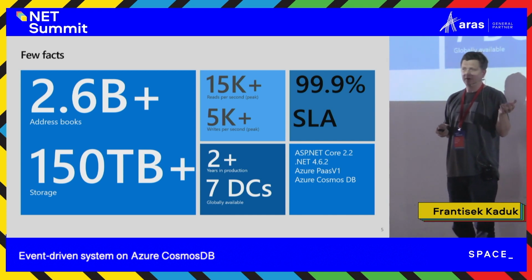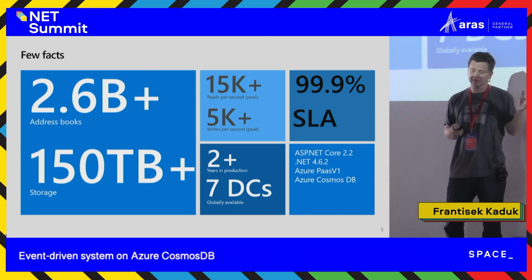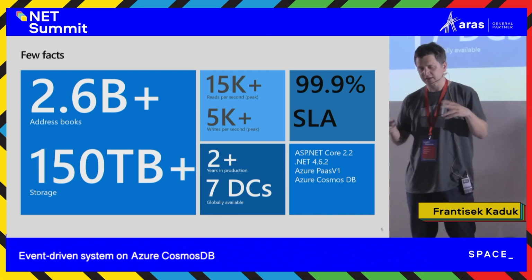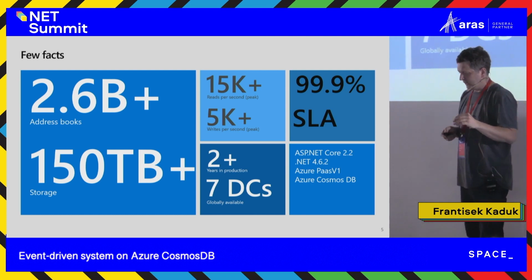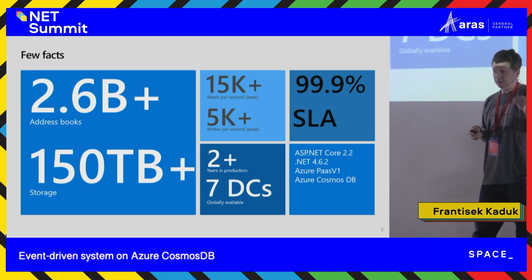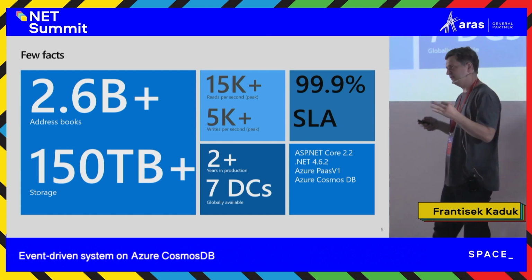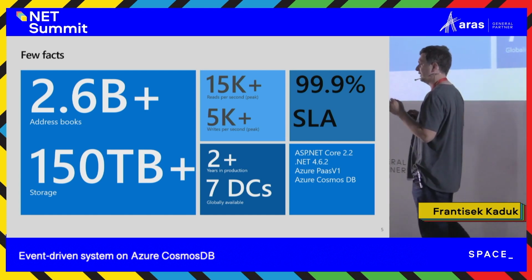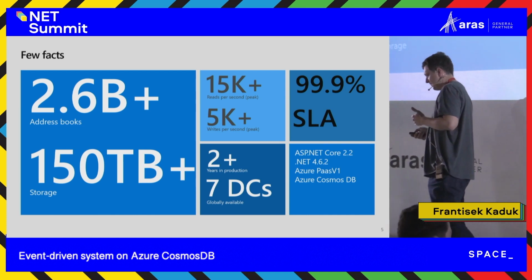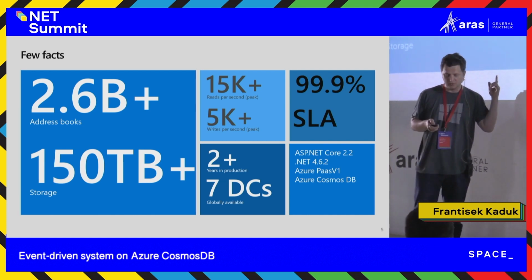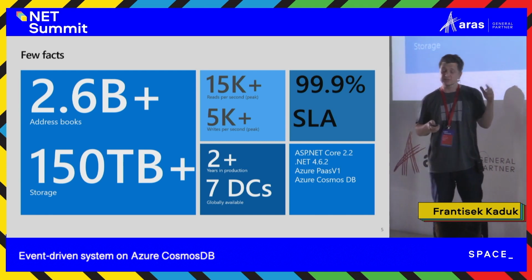In the peak time, we are serving 5,000 writes and 15,000 reads per second. We are aiming to hit QoS 3.9s, and we also have some strict rules for SLA which we need to meet.